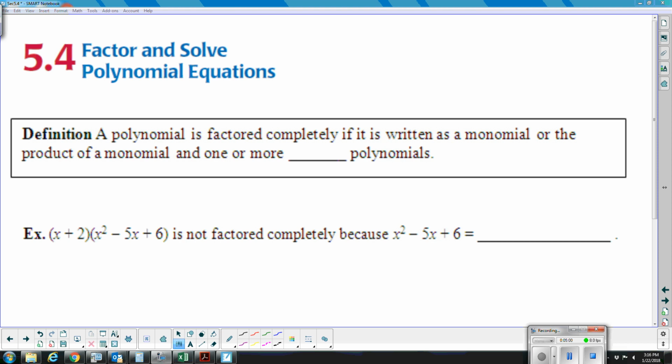Now, if you look at the next section of your note sheet, a polynomial is factored completely, and we defined this above, but it's factored completely if it is written as a monomial, or the product of a monomial, in one or more unfactorable polynomials.